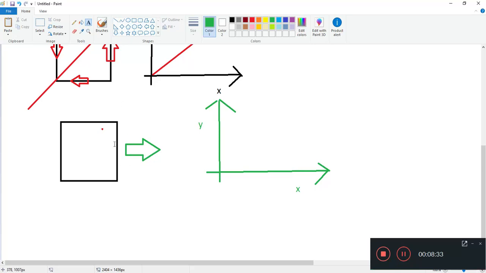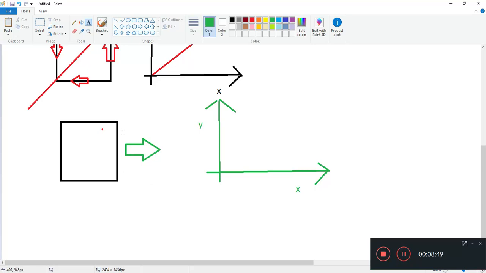What vector actually characterizes this plane? How can we name this plane? Is this an x plane or a y plane? Well, this plane is perpendicular to the x direction.